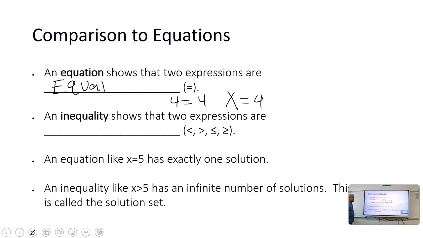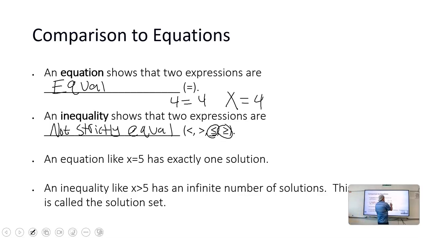Where an inequality shows that 2 expressions are not equal, or I'm going to say not strictly equal. Now the reason I'm saying not strictly equal is because sometimes we have this or equal to sign, greater than or equal to. So that's why I'm using the words not strictly equal to each other.